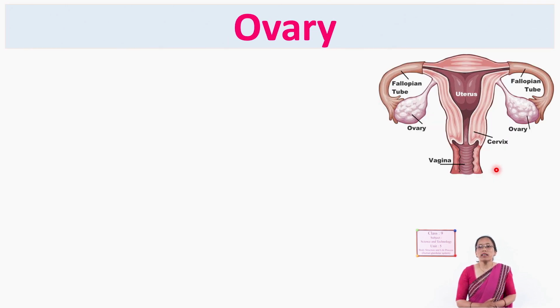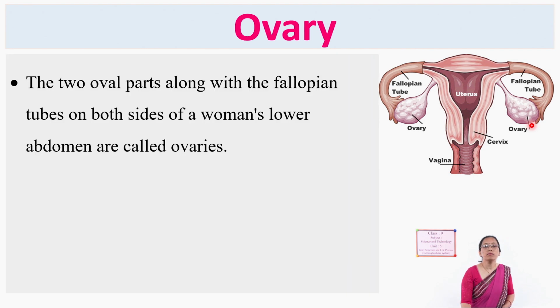And next one is the ovary. These ovaries are present just below, alongside the fallopian tube beside the uterus. See, these two are the ovaries and these are the female gonads. They secrete various kinds of hormones like estrogen and progesterone.